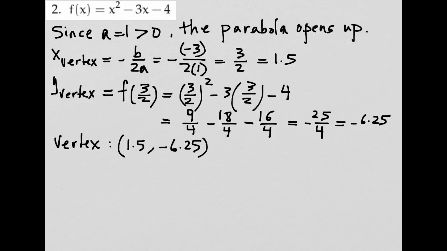Now let's find the y-intercept. The y-intercept is given by the point (0, c), which is (0, -4). Next, let's find the x-intercepts.